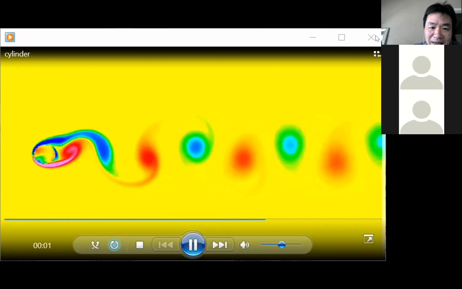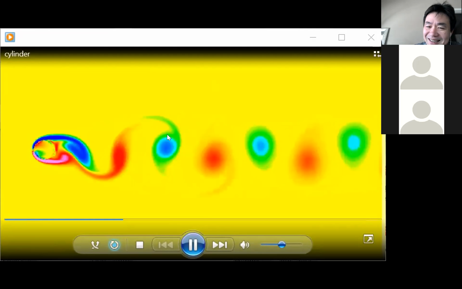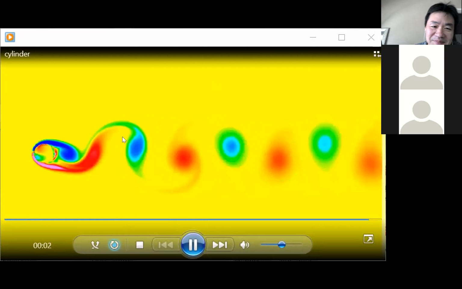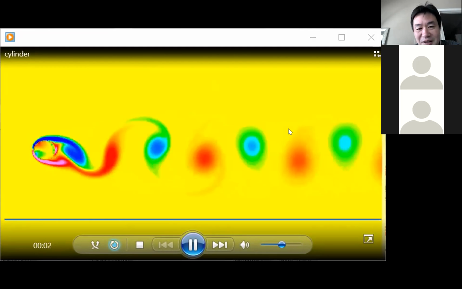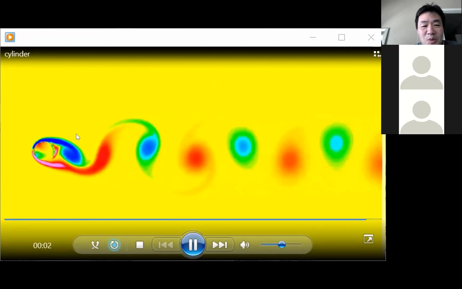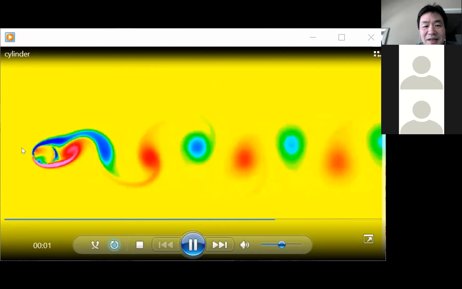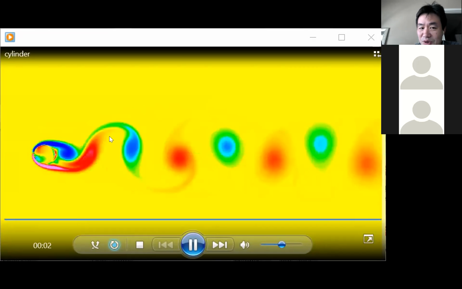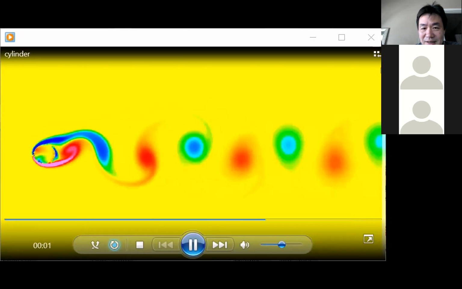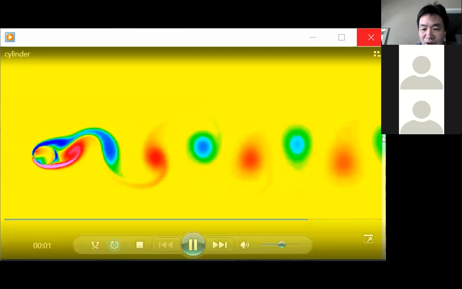Okay, then what about the heat transfer? What does the heat transfer look like in this case? The flow has created vortices going downstream. With the movement of the vortices, the heat being carried away basically exactly follows the trajectory of those vortices. Let me play another video about the heat transfer for the same case.